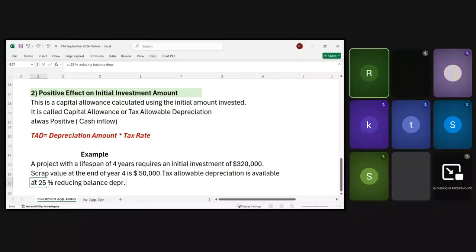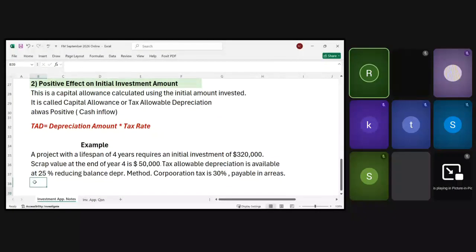This is how we are going to claim our TAD. Corporation tax is 30%, payable in arrears. All right, so this is what we have.